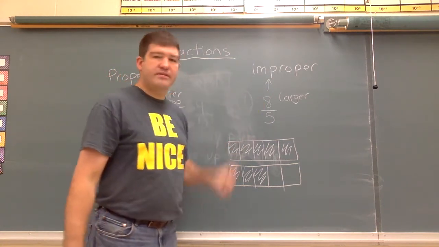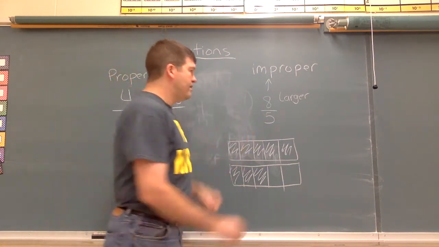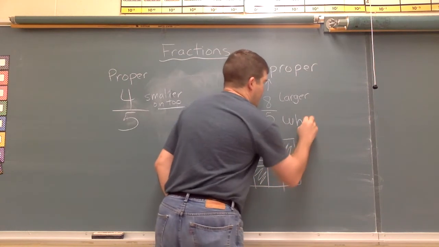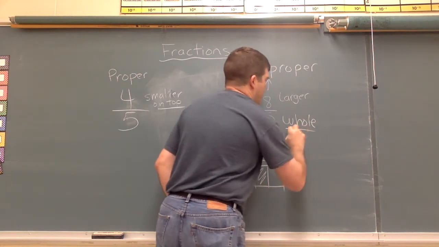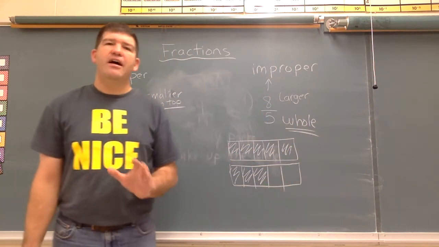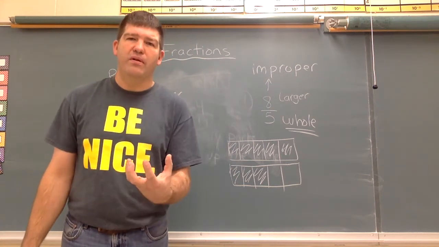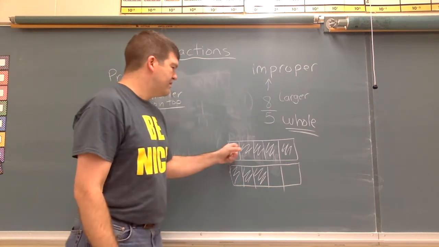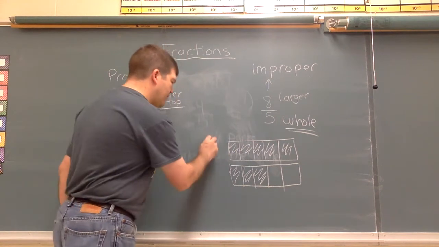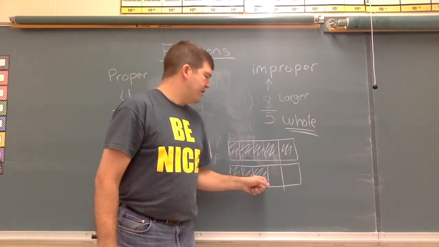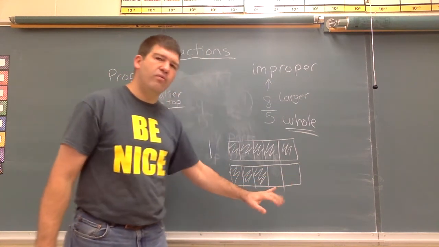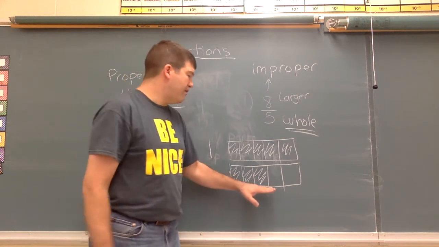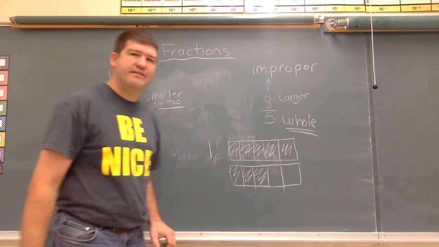I've eaten 8 parts, and this bottom number tells me how many it takes to make up a whole, and it's 5. So 1, 2, 3, 4, 5, there's 1 whole, and on this one, 1, 2, 3, I haven't eaten the whole one here. So now we have a proper fraction with this.